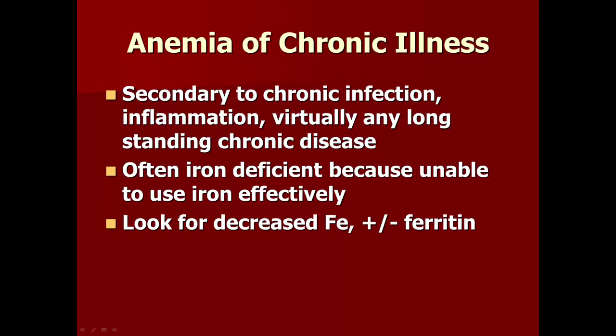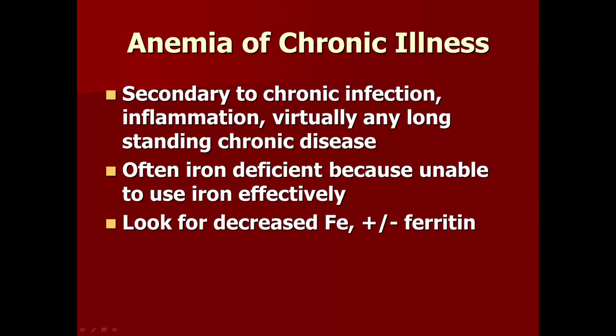Anemia of chronic illness is secondary to a fairly long list of chronic illnesses. It can be due to chronic infection, chronic inflammatory states, and pretty much any long-standing chronic illness. It occurs at all ages and is pretty common.